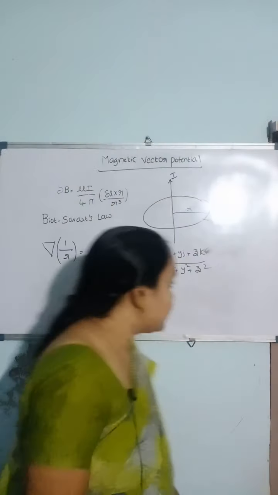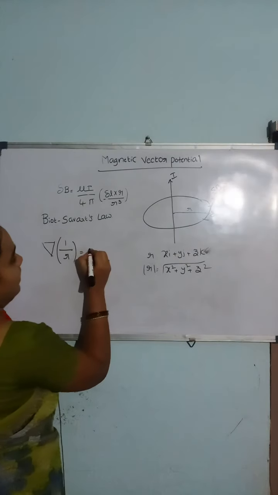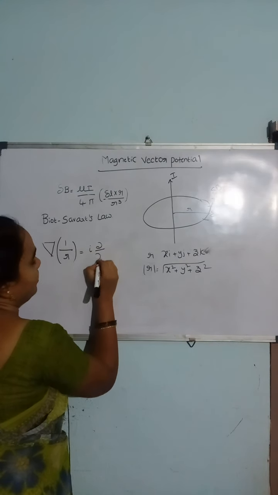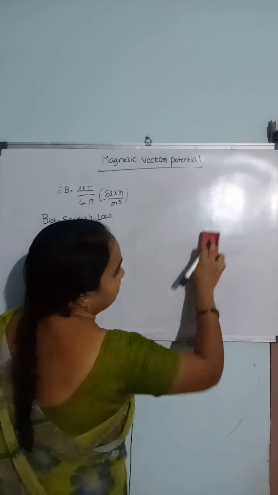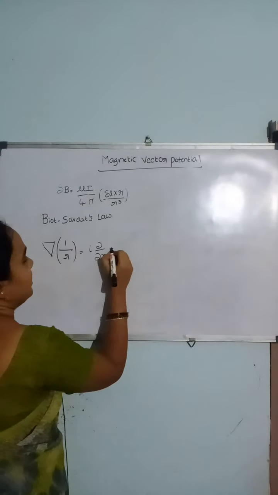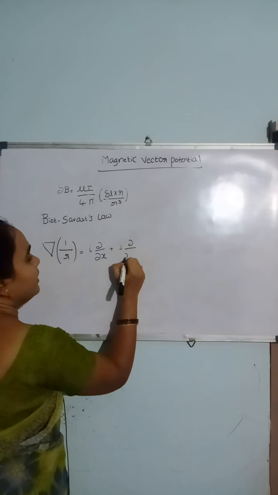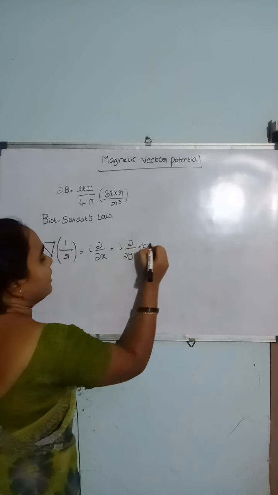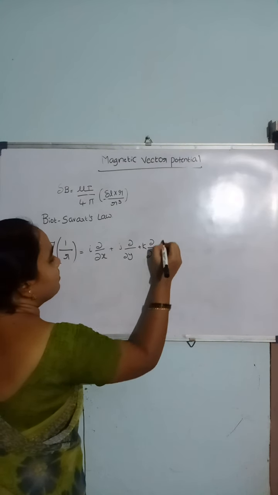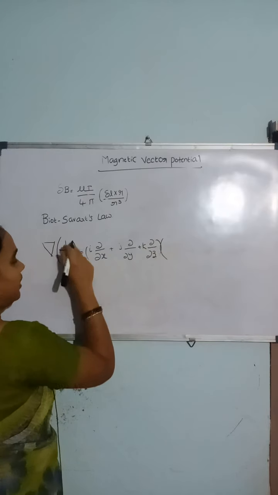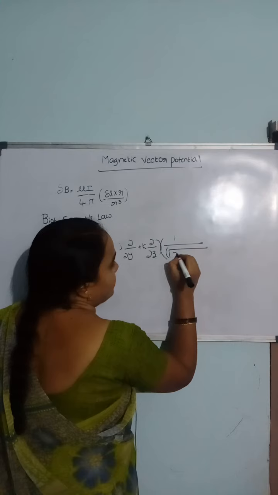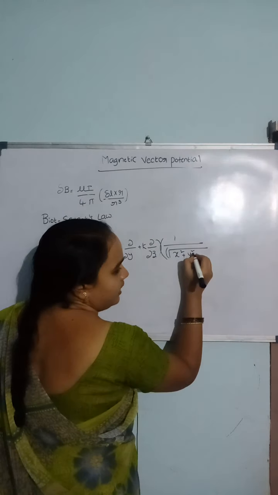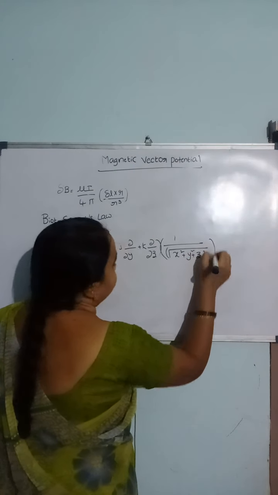Then what is del? Del is i dou by dou x plus j dou by dou y plus k dou by dou z, of 1 by r, that means 1 by root of x square plus y square plus z square.